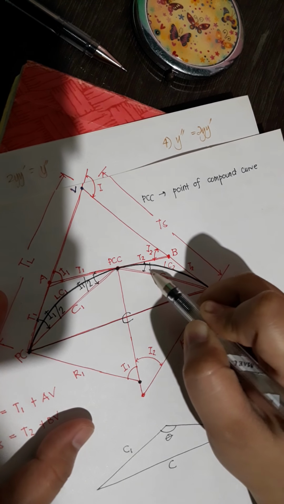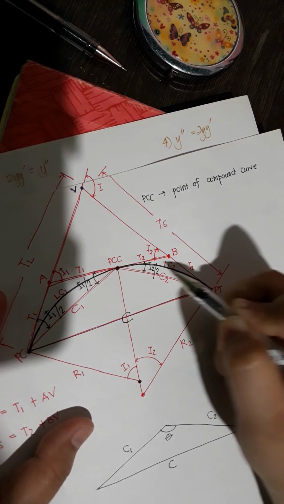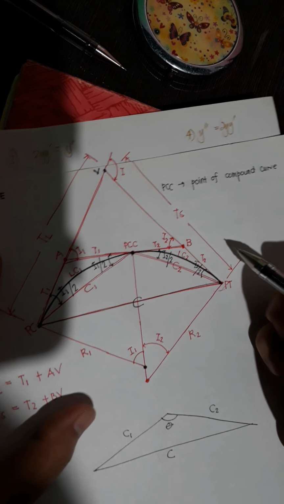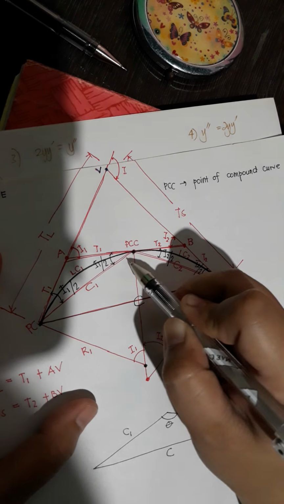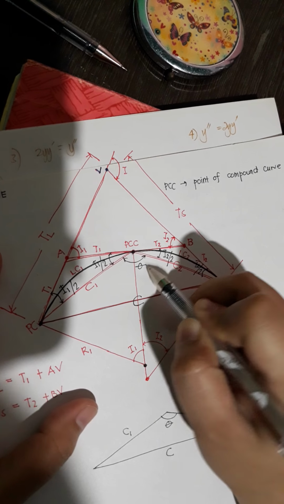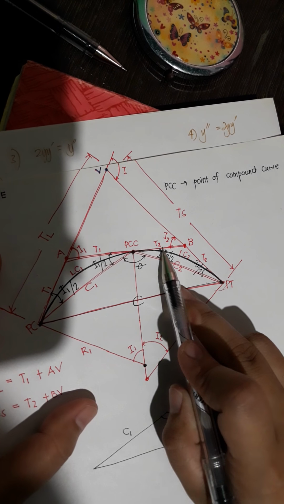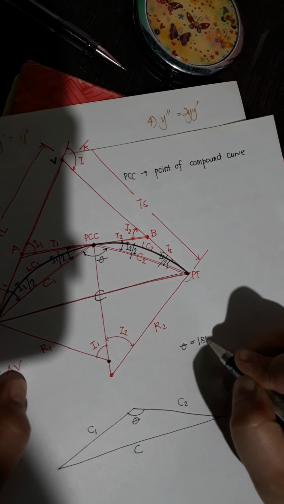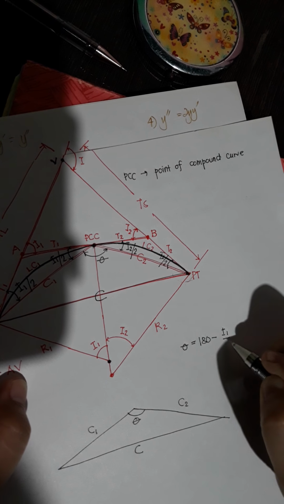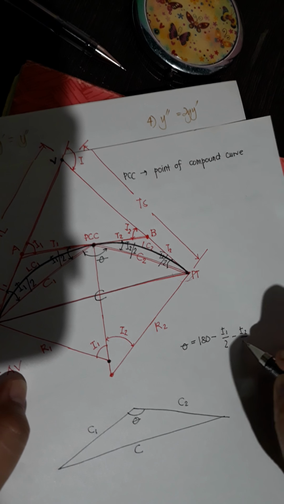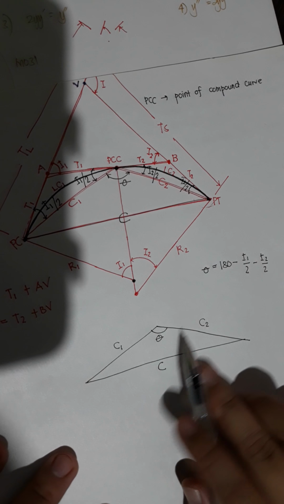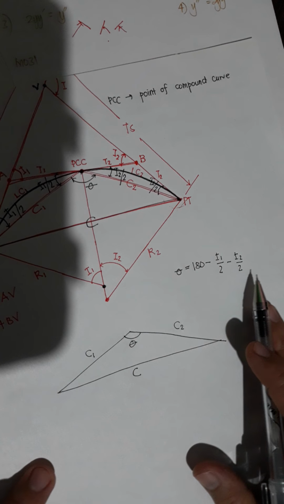Same thing for the second simple curve: this is I2 over 2, and this one also here is I2 over 2. So this theta, the whole angle here, is 180. Therefore, our theta is 180 minus I1 over 2 minus I2 over 2.